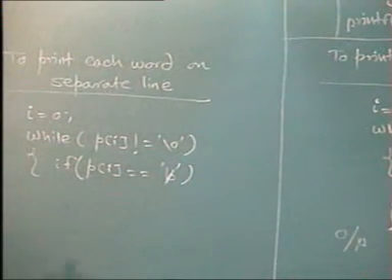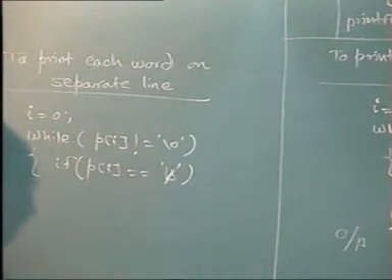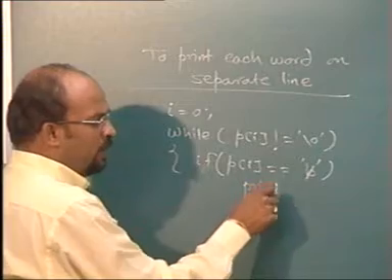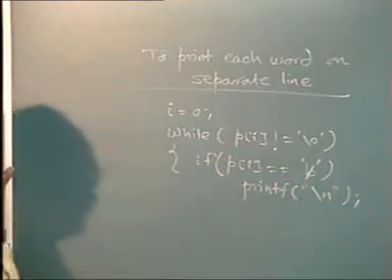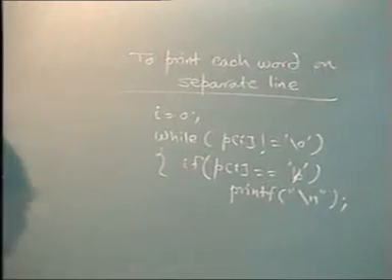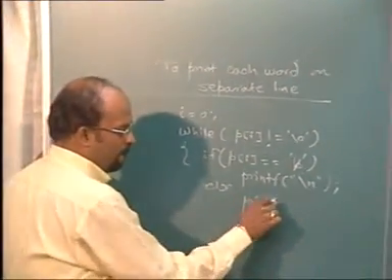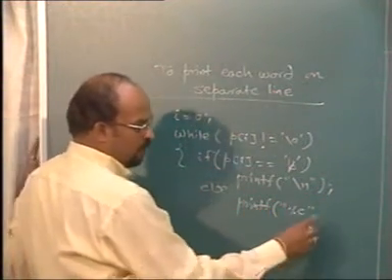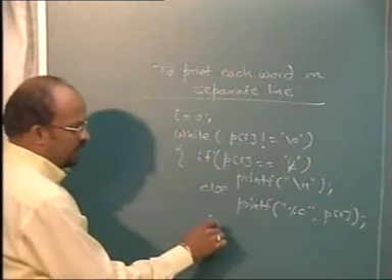It's not a special character, it is the space bar: single quote, space bar, single quote, complete. So if it is a space character, what do you want to print? You want to go to the next line, \n. If you get a space, go to the new line, else print the character, but don't give \n here, and then go to the next character.